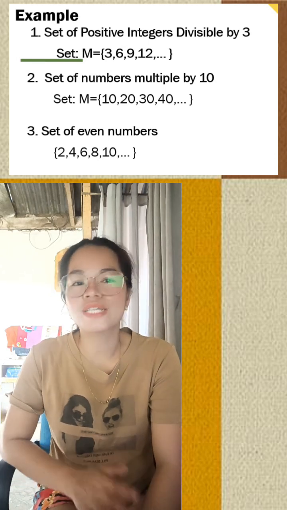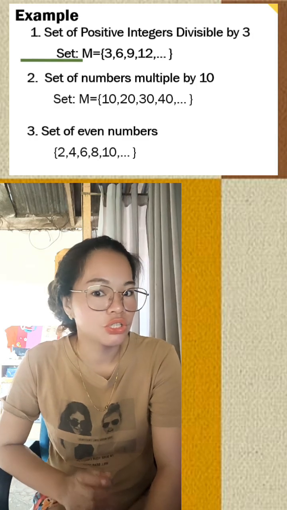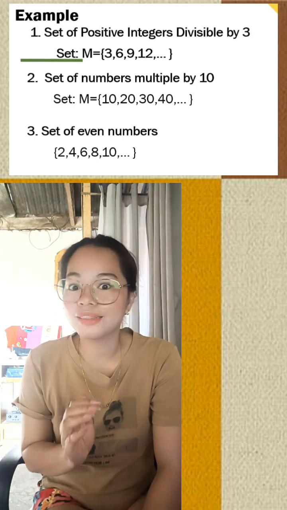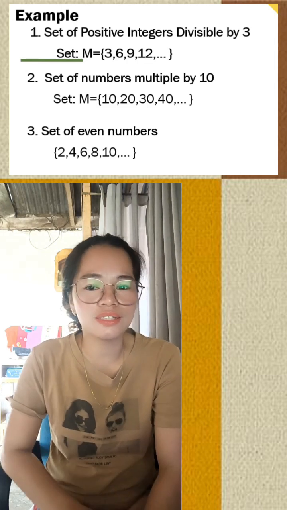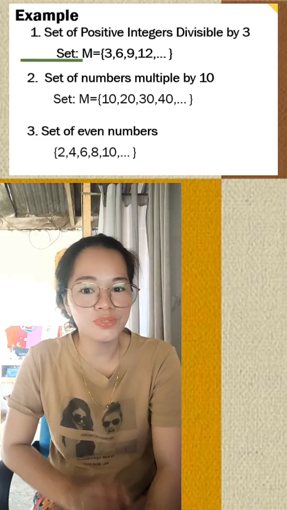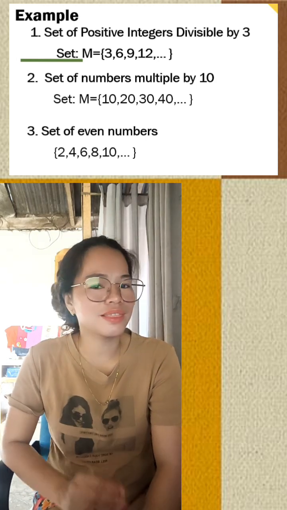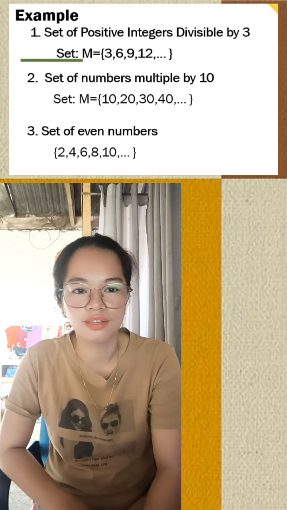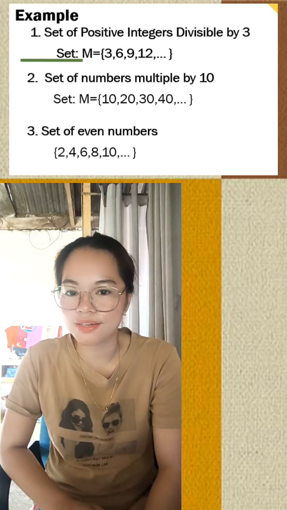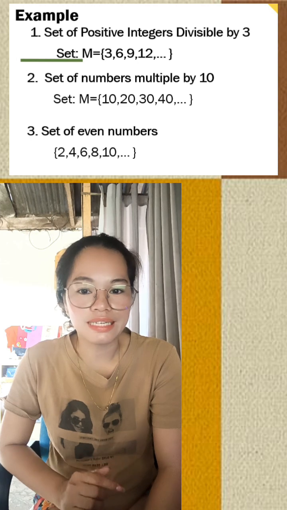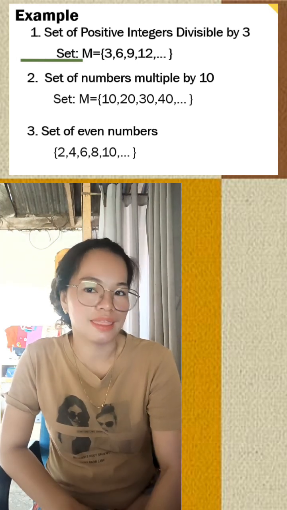Another example is the set of multiples of 10: 10, 20, until million, billion, trillion. We can't list them all, so that is an infinite set. Another is the set of even numbers. We also cannot list them all, so that's an infinite set.